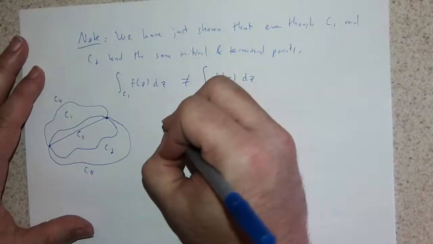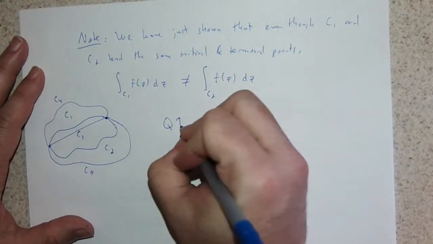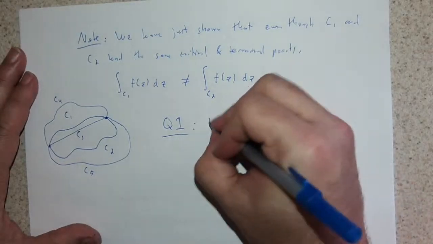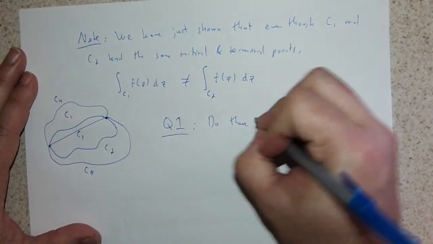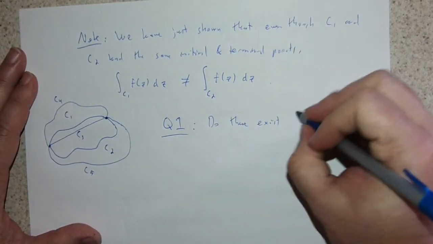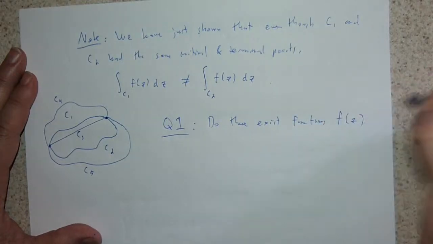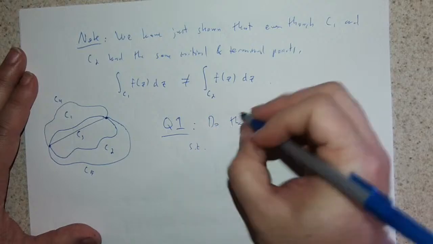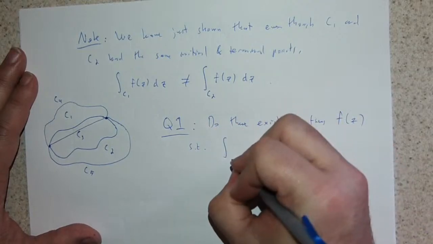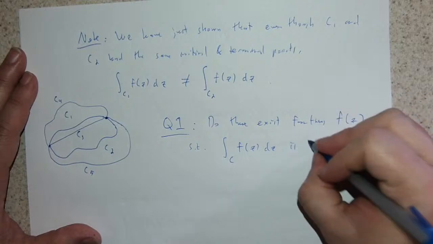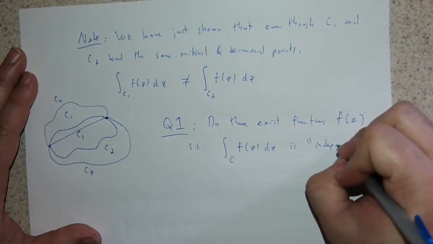Okay, so the big first question we're going to ask here is, do there exist functions f of z such that the integral over C of f of z dz is independent of path?